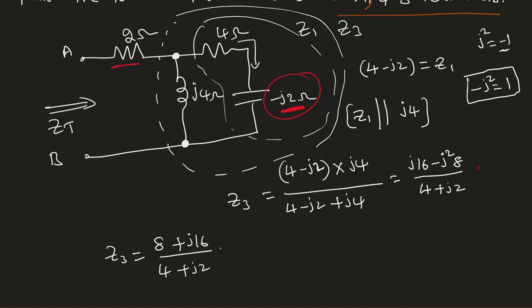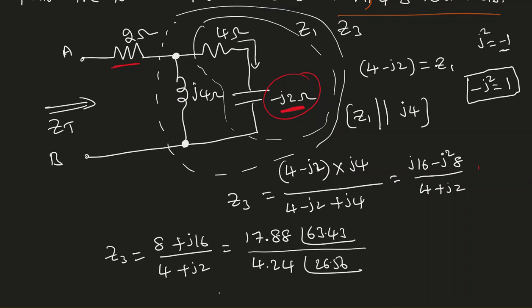So 8 plus J16 is 17.88 at an angle of 63.43. What I did here is convert rectangular format into polar format, divided by the same thing: 4 plus J2 is 4.24 at an angle of 26.56.